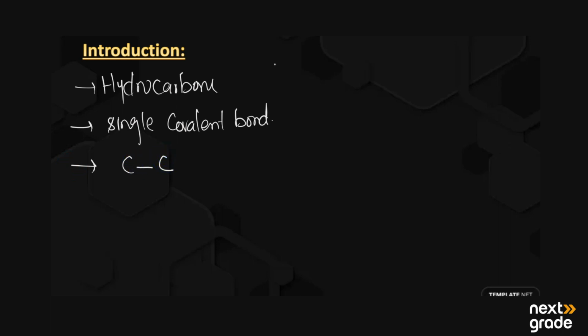So that's why alkanes have these properties. They have single covalent bonds, and they are mainly hydrocarbons. The second property is that they are known as saturated hydrocarbons.